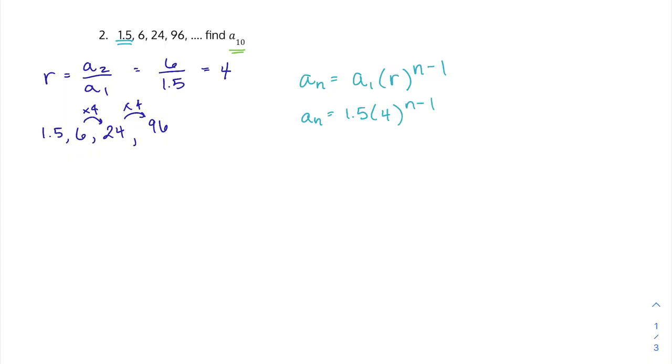So when I'm looking for the 10th term, I'm looking for a10. That tells me that n is equal to 10. I'm looking for the value of the term in the 10th position. So I do that by plugging 10 into my formula. So then that's going to be 1.5 times 4 to the 9th.